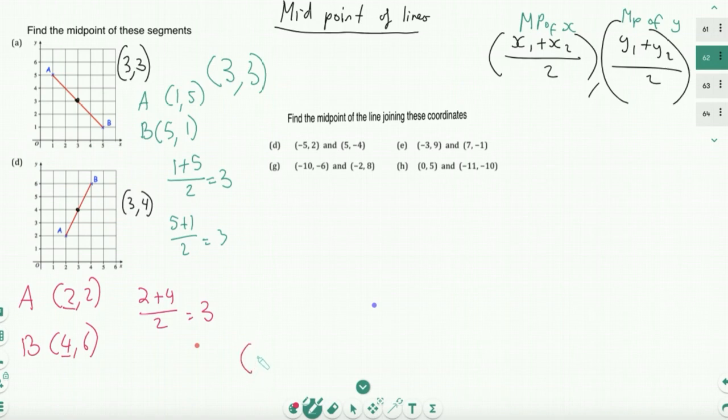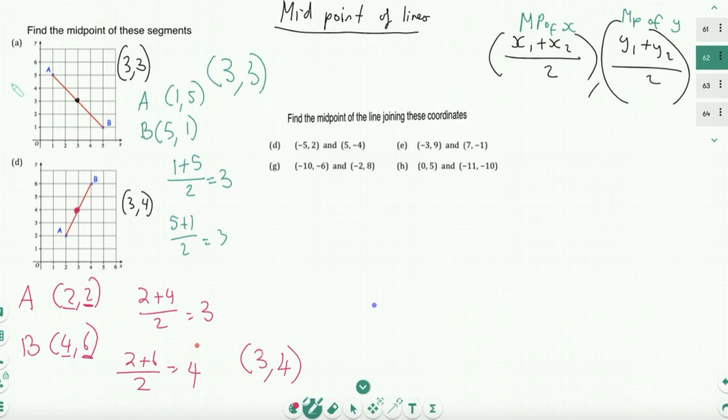So we know the x coordinate of the midpoint is 3. Then to find the y coordinate of the midpoint, we add up the y coordinates, 2 plus 6, and divide by 2. 2 plus 6 is 8, divided by 2 is 4. So the midpoint is 3, 4. Yep, and that is our answer, 3, 4.